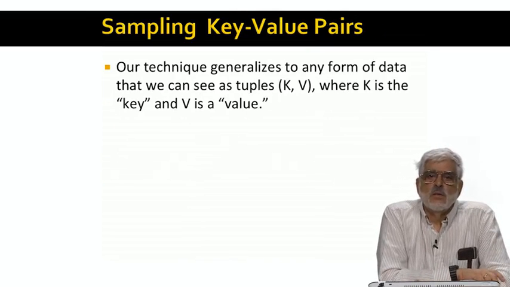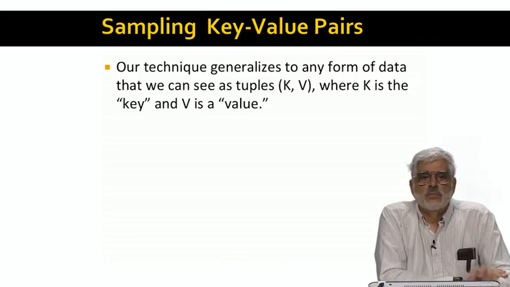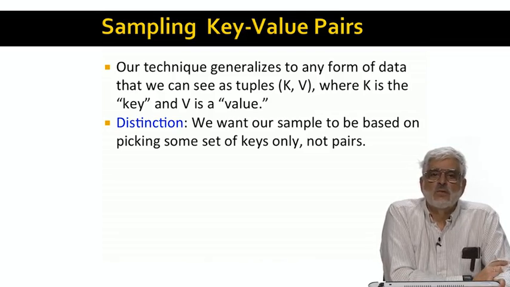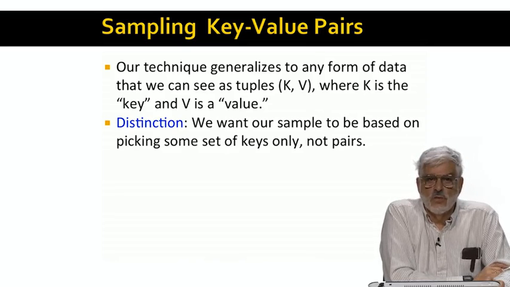The idea we explained by example is really an instance of a general idea. We can see any form of data as key-value pairs. We can choose our sample by picking a random key set of the desired size and taking all key-value pairs whose key falls into the accepted set, regardless of the associated value.